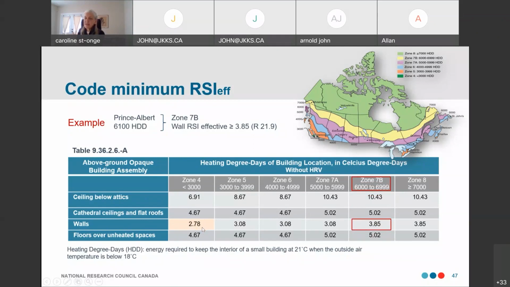So this assembly would not be compliant with the energy efficiency requirement for zone 7B. We need to modify that assembly, either add an insulation board on the exterior side of the assembly, or change the current insulation within the cavity for insulation which has a higher thermal resistance in order to reach that minimum of 3.85.